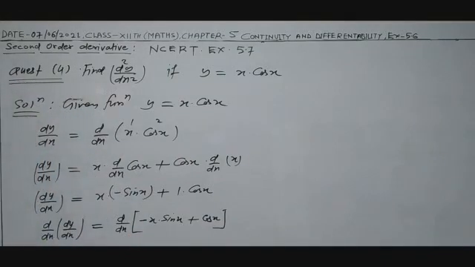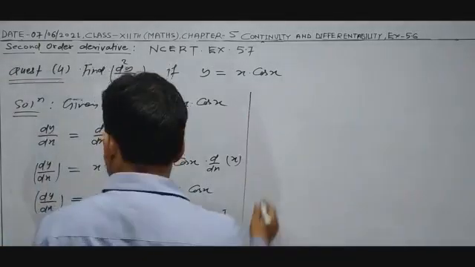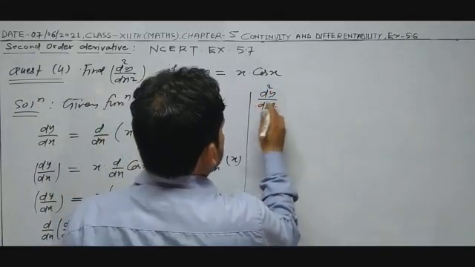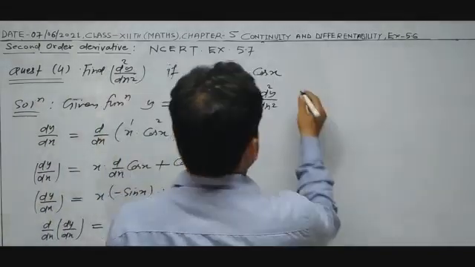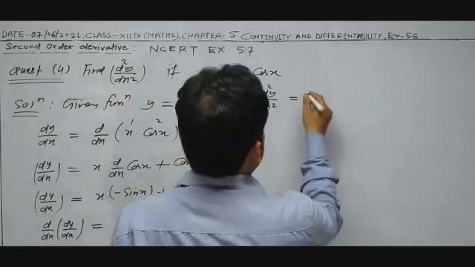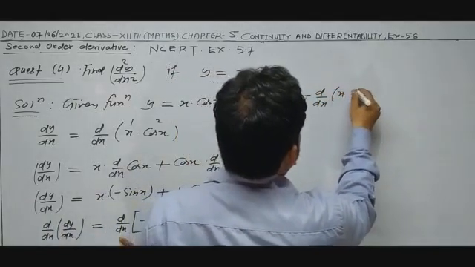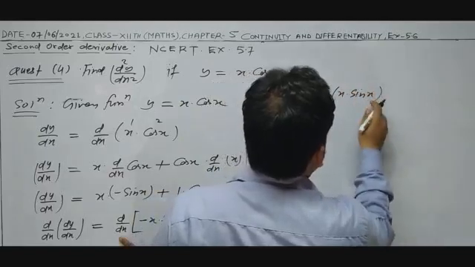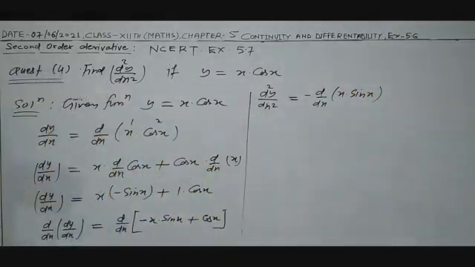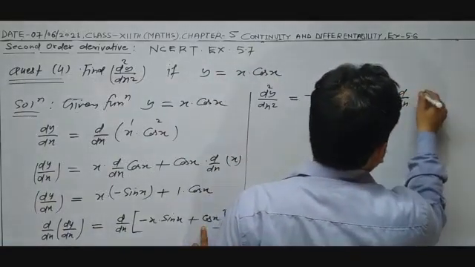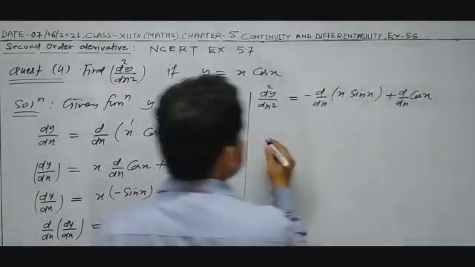So differentiate, you will see the result. d2y by dx2 is equal to minus d by dx of x sin x and d by dx of cos x.